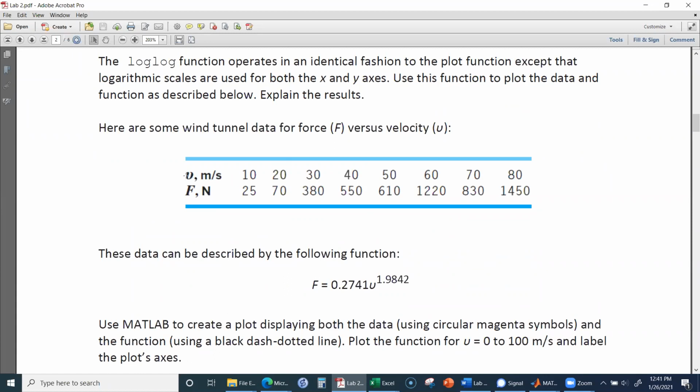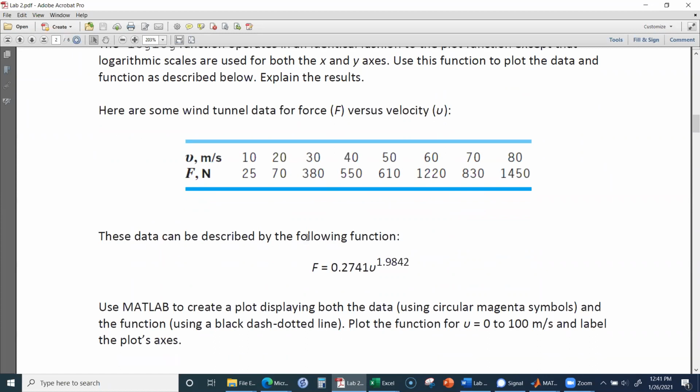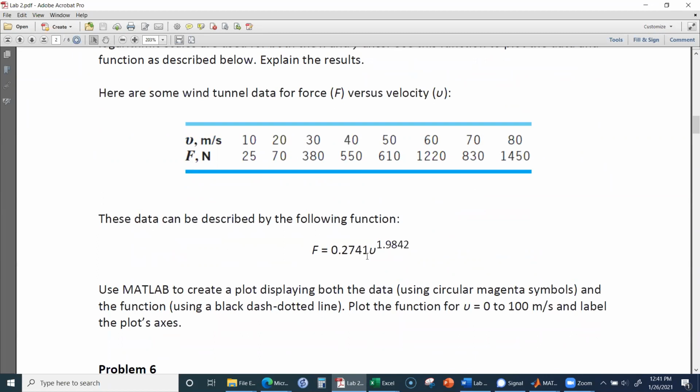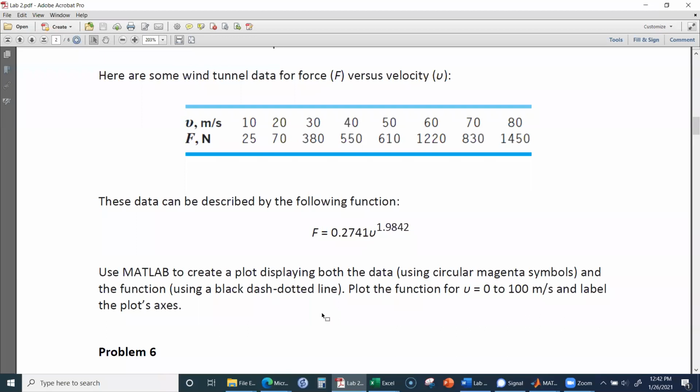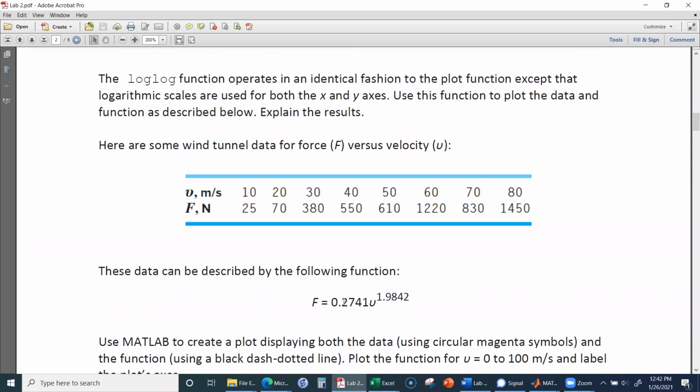For example, velocity is this, and the force is this. These data can be described by the following function: f is equal to this u power this. So use MATLAB to create a plot displaying both the data using the circular magenta symbols and the function using a black dash dot line. Plot the function for v is equal to 0 to 100 meters per second and label the plots axis. Okay, so we have to go through one by one.